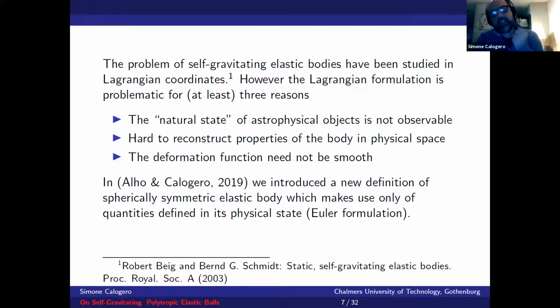And even when it exists, at least for large deformation, you cannot expect it to be a very smooth function. In this talk, and for the application to astrophysics, I think it's really important to be able to handle large deformation, because of course the stress inside astrophysical bodies is very, very large.